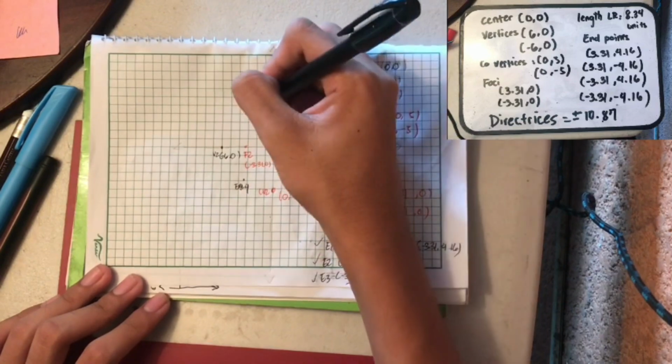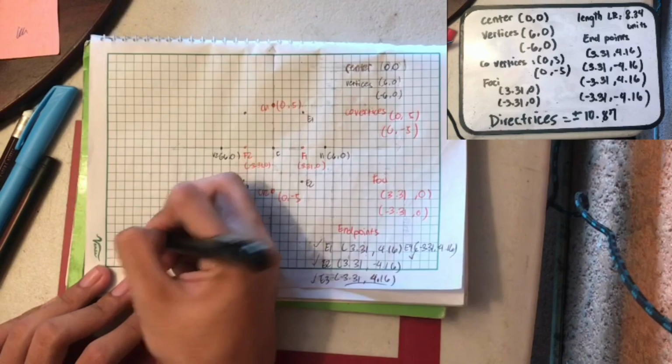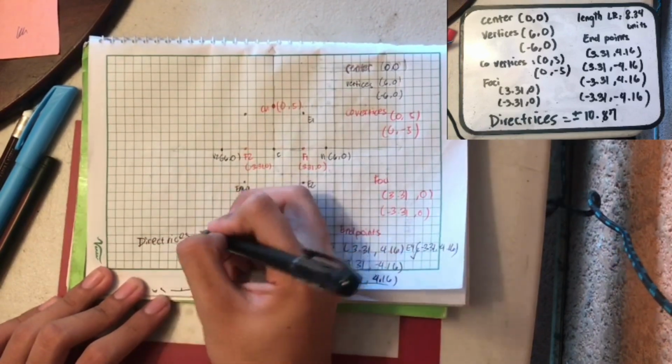After that is the directrices of the ellipse, which is positive and negative 10.87.